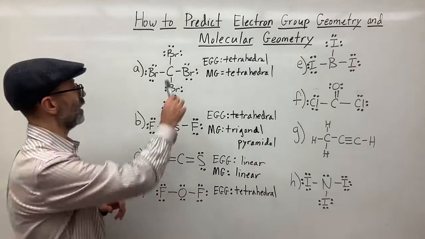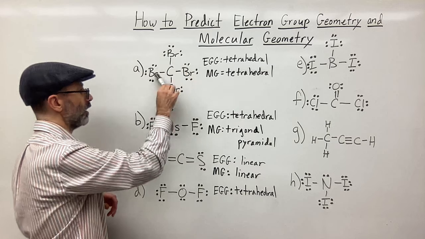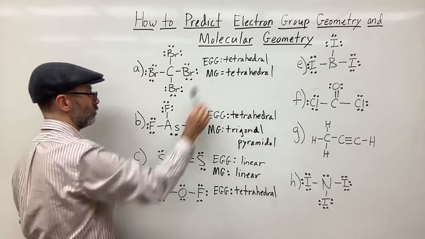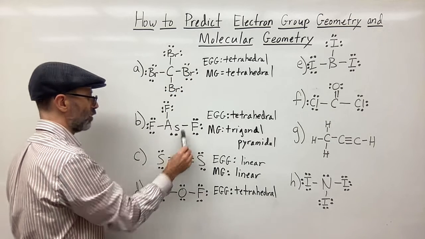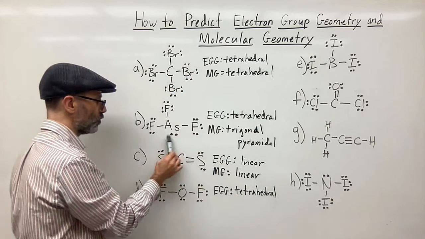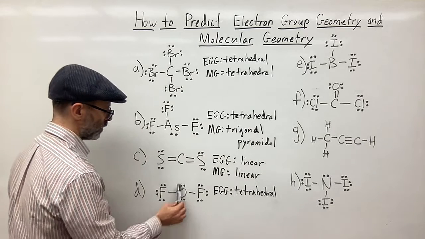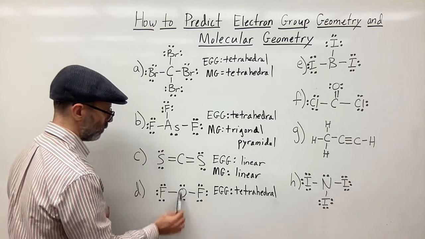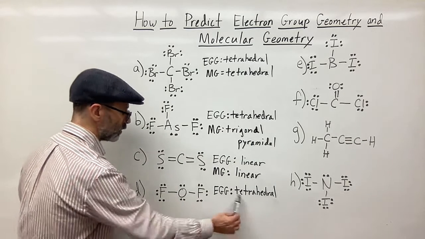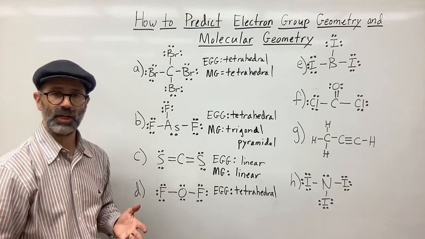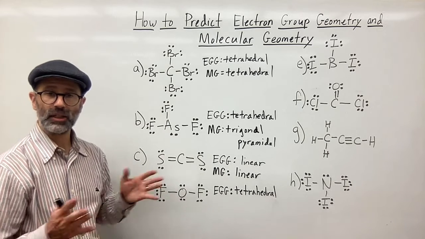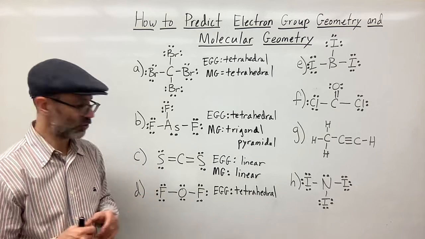So notice again, here we have 4 bonding groups. It's tetrahedral. Here we have 3 bonding groups and 1 lone pair. That's still 4 total, tetrahedral. Here we have 2 bonding groups and 2 non-bonding groups, 2 lone pairs, still 4, tetrahedral. So the electron group geometry is only dependent on the total number of electron groups.